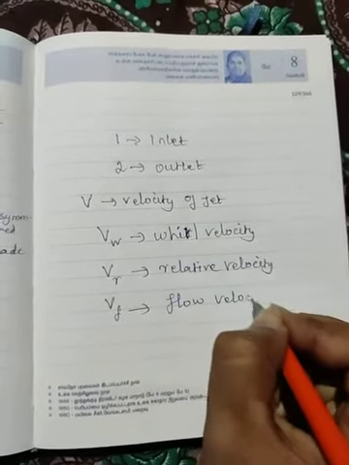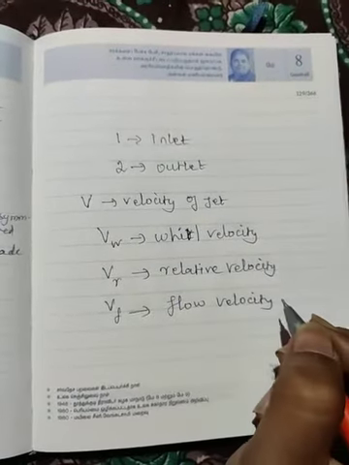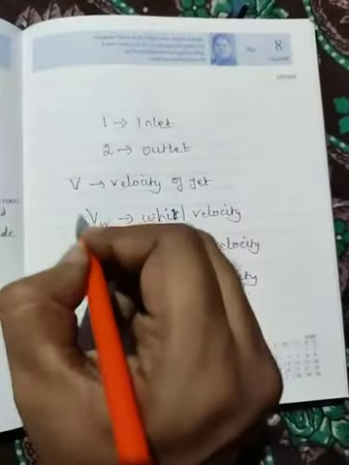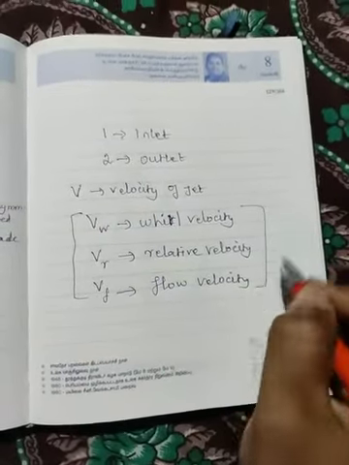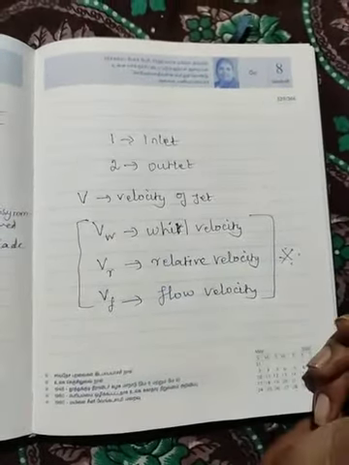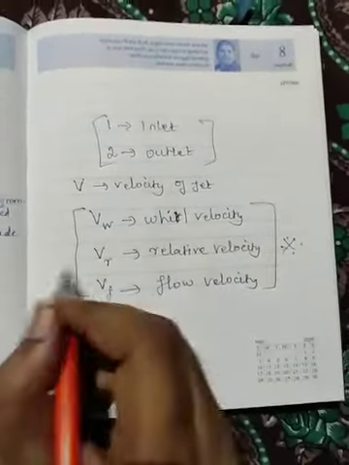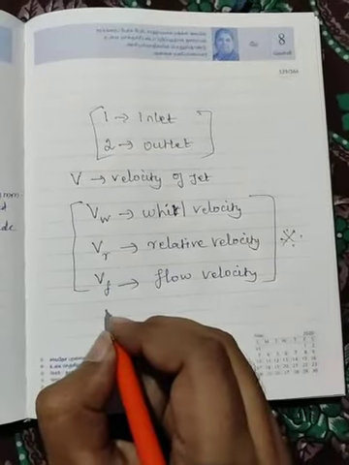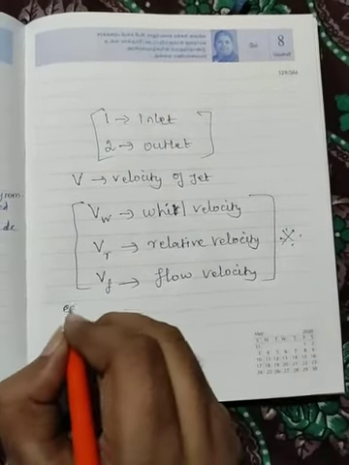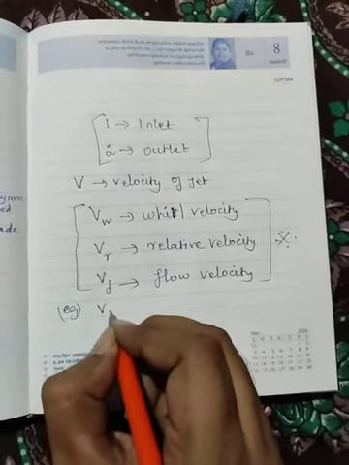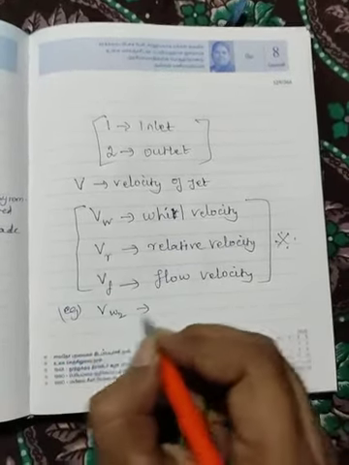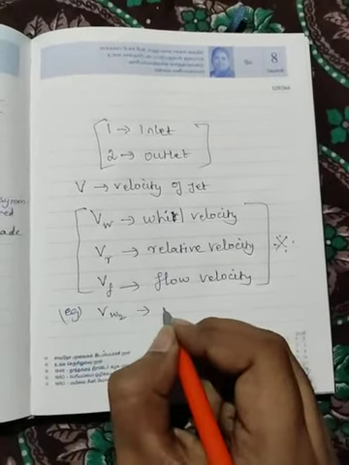The next component is the flow velocity. This component is only for moving the water from inlet to outlet. It will not give any force to the blade. It only gives energy for moving water from one section to the other.